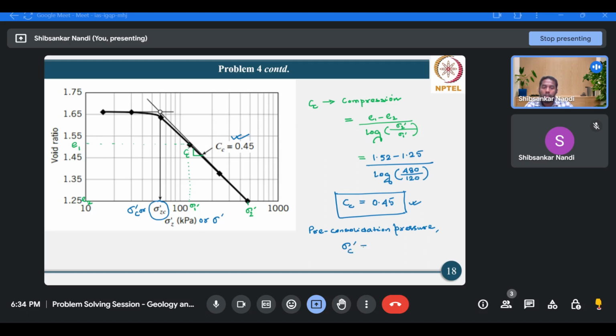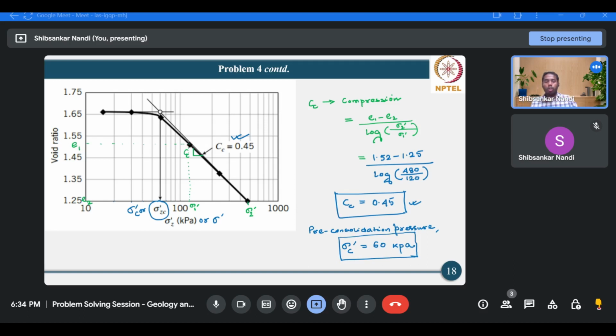This is in logarithmic scale, so we have to read the scale in this fashion: 10, 20, 30, 40, 50, 60, 70, 80, 90, 100. So this means that the pre-consolidation pressure is 60 kPa. Okay, the value is 60 kPa.